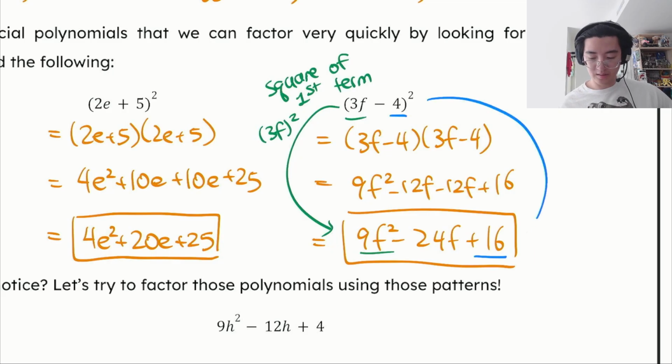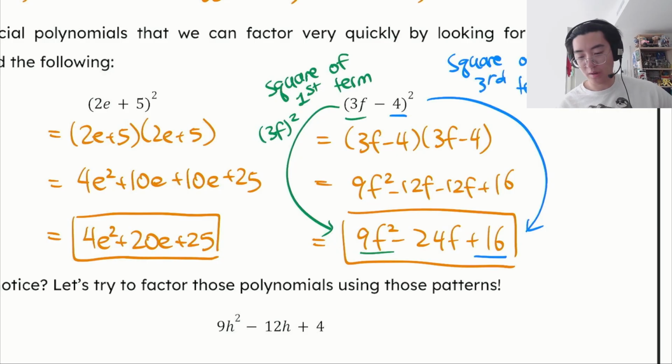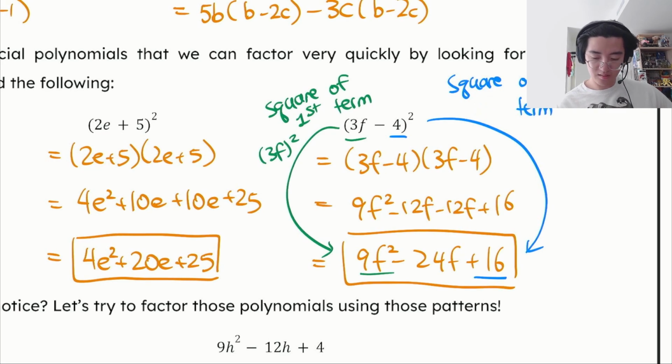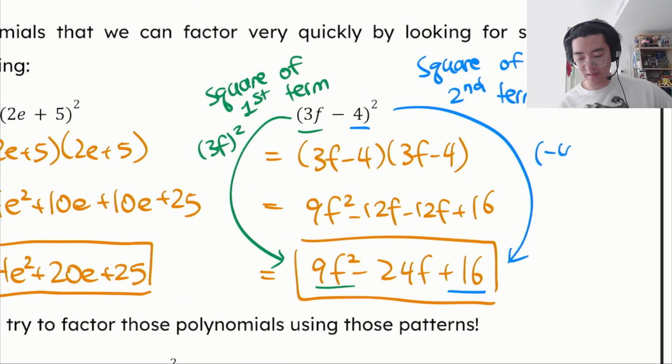The last term is just the square of the last term. Oh, I guess second term here in this case, right? Because there's only two terms. Right, this is just negative 4 squared.